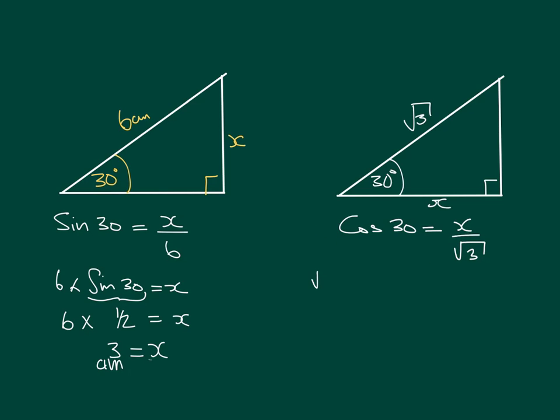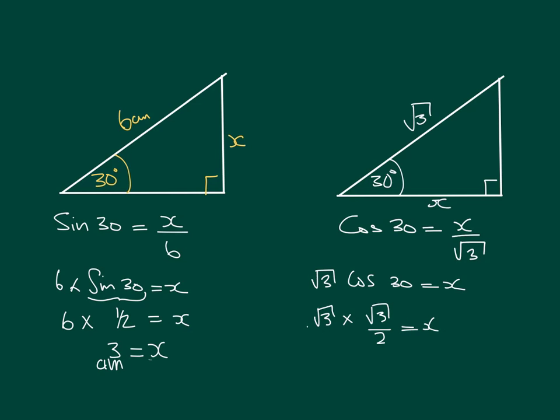So we'll have root 3 cos 30 is equal to x. And you remember from our table that cos of 30 is root 3 over 2.